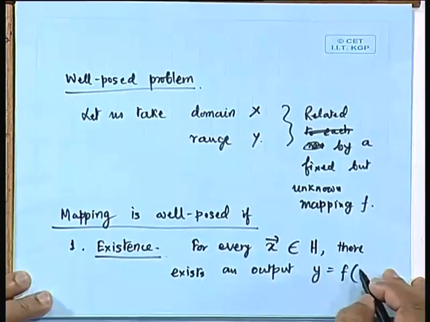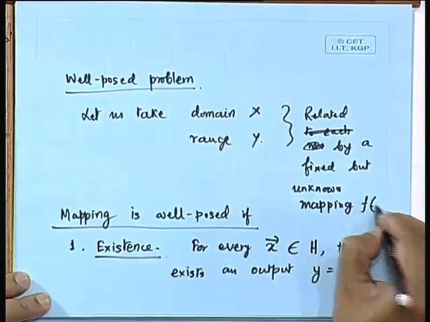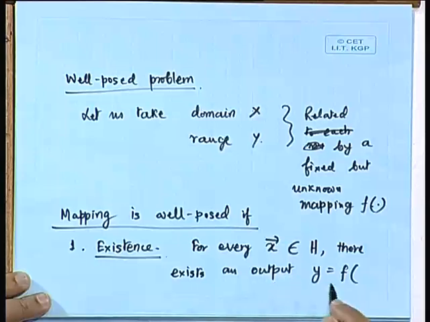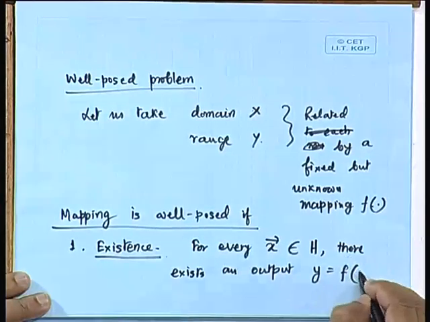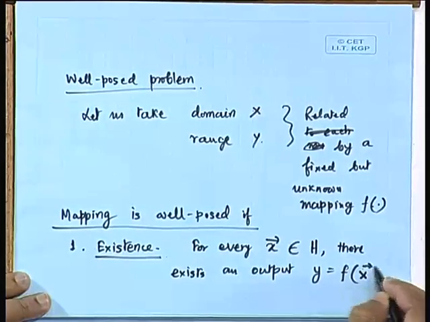And how is y? Because we are considering the mapping function to be f, we are going to write y as f of x vector.